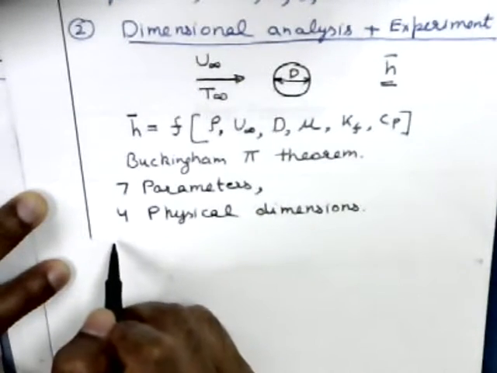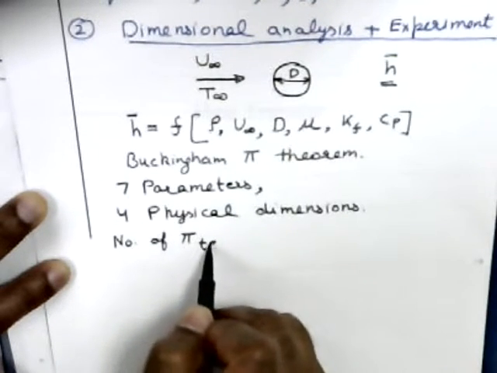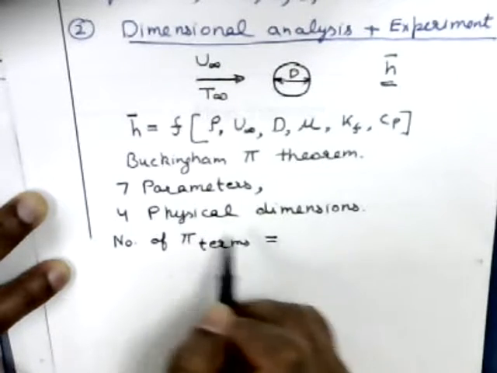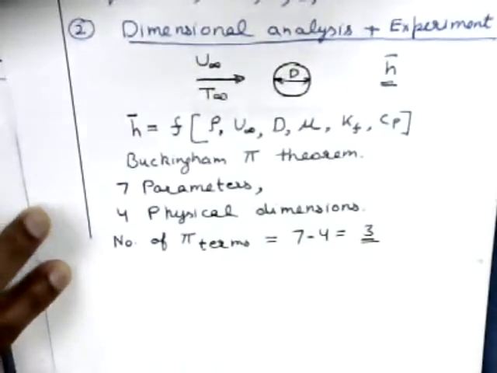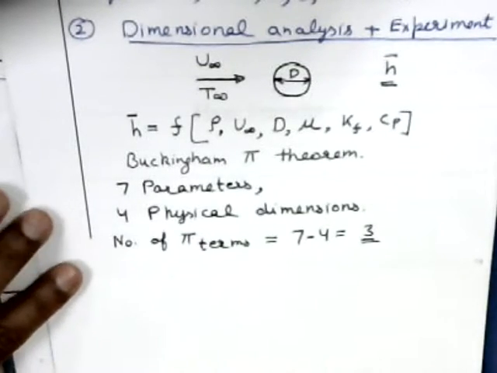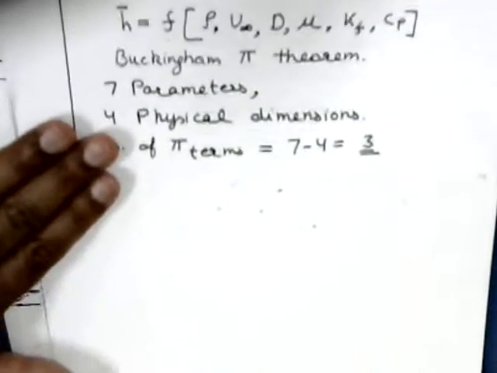So the number of pi terms, based on Buckingham pi theorem, will be 7 minus 4. There will be 3 pi terms, or 3 non-dimensional parameters. So we can determine those 3 non-dimensional parameters, and when you do that, you end up with these parameters.